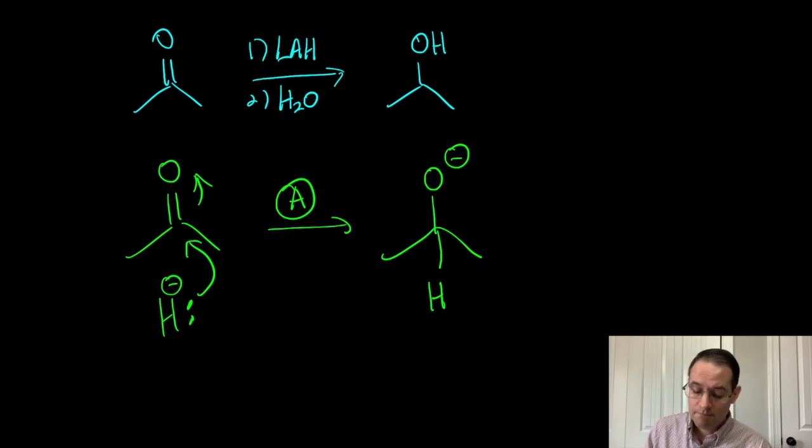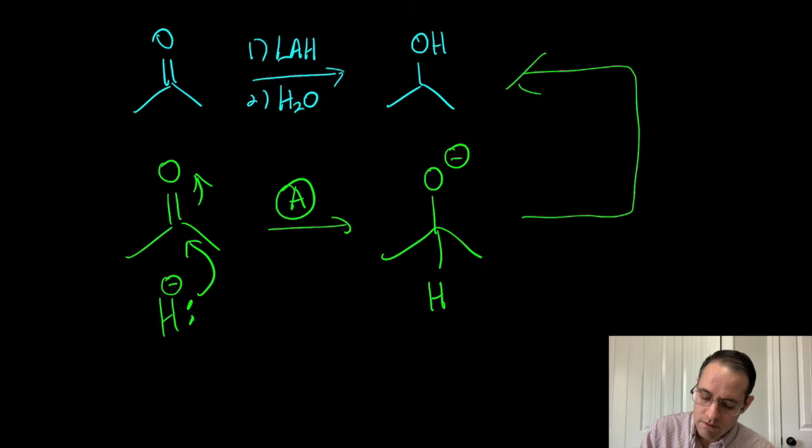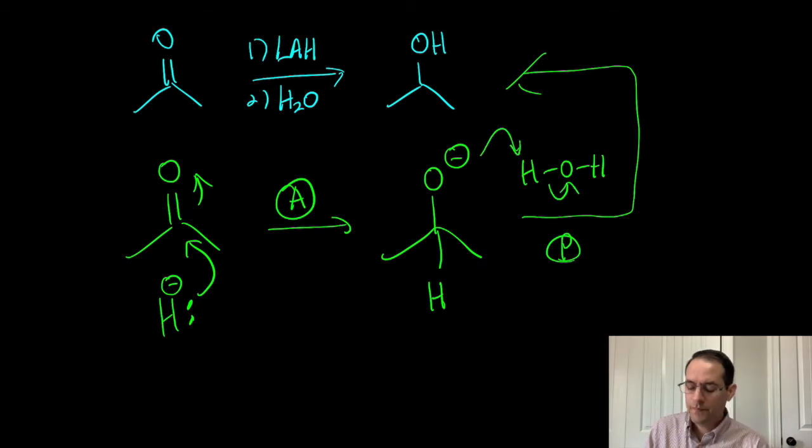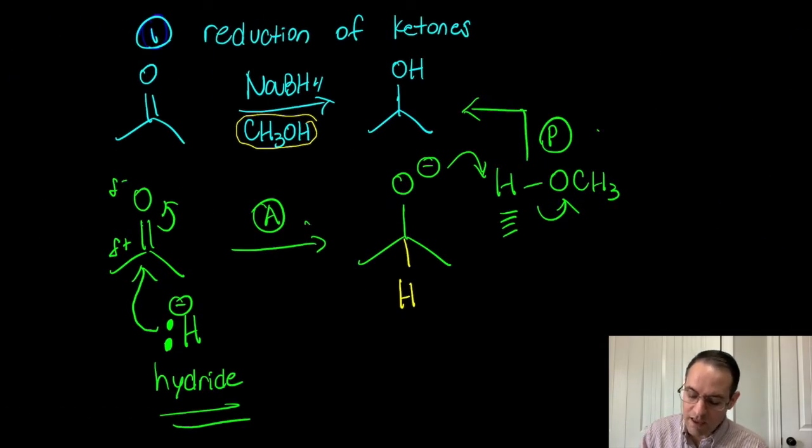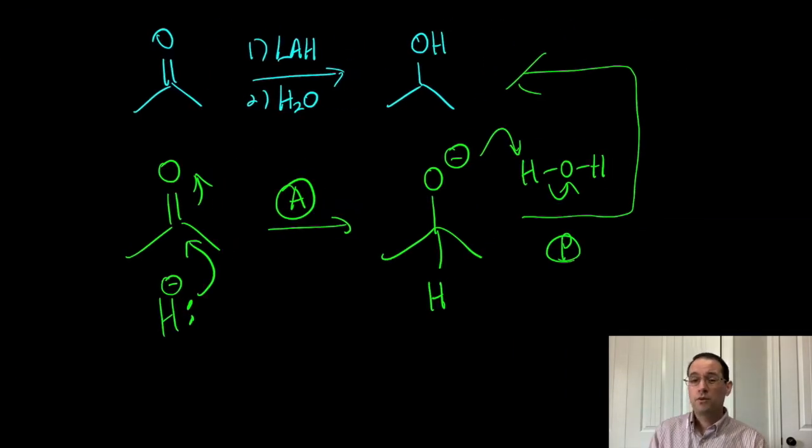And then you add water in a protonation step. And it protonates, okay? So it's AP. So whether you use sodium borohydride or lithium aluminum hydride, it'll work. Just remember that you have a step one and step two with the LAH procedure.